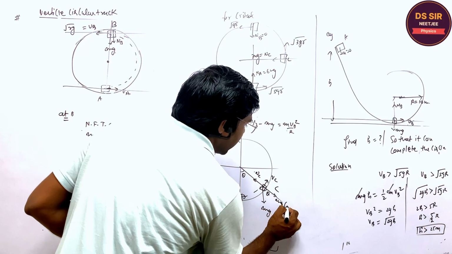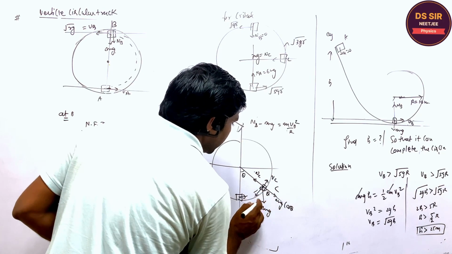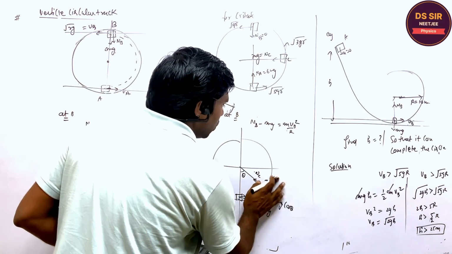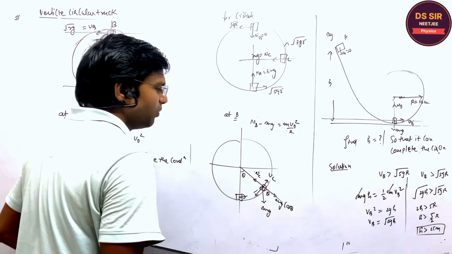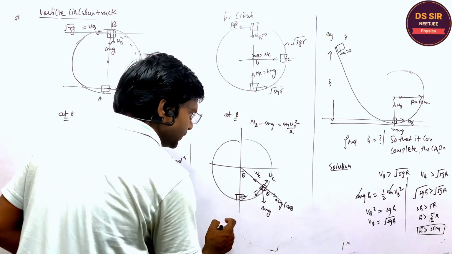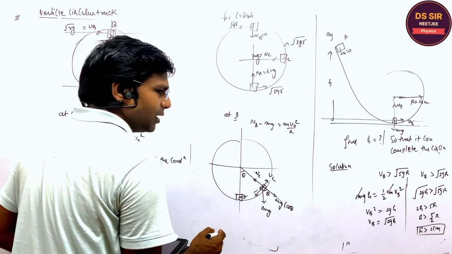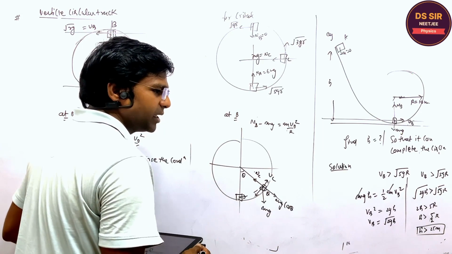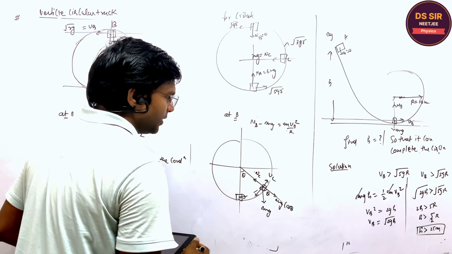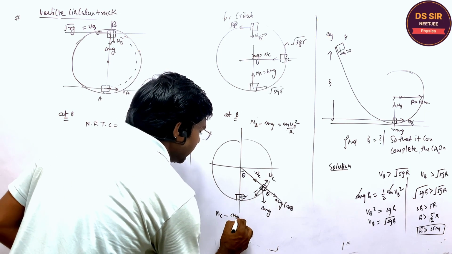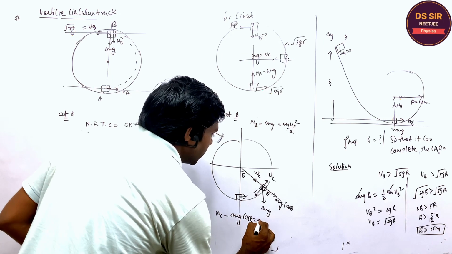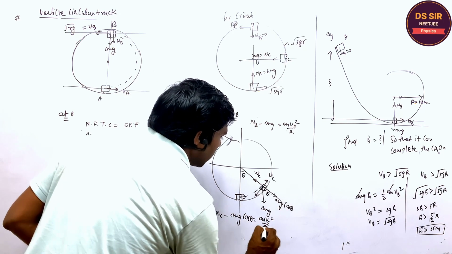So mg has to be resolved: mg cos theta and mg sin theta. If this is the Vc, what is the net force toward the center? Nc minus mg cos theta is equal to mvc square upon r.